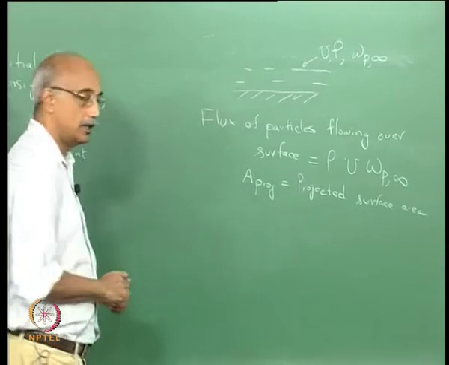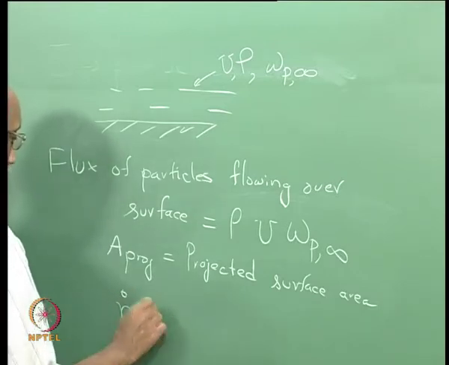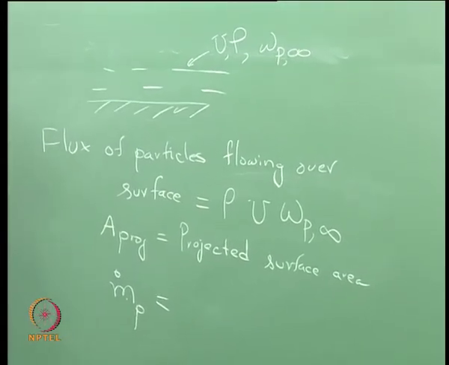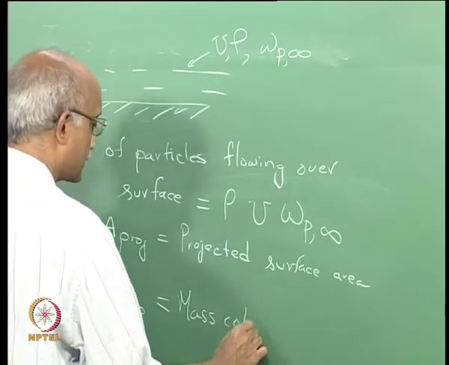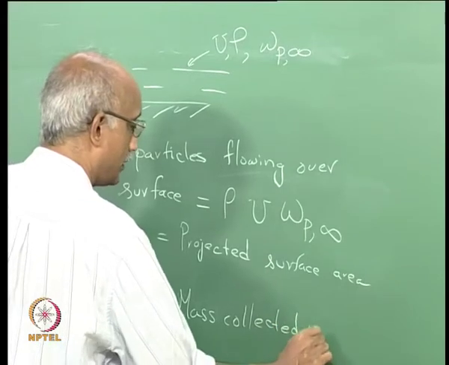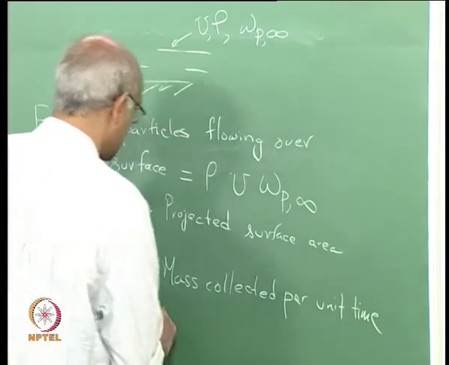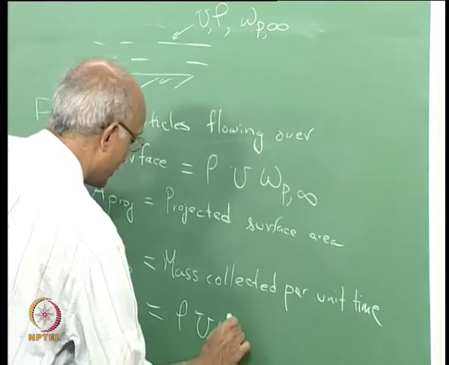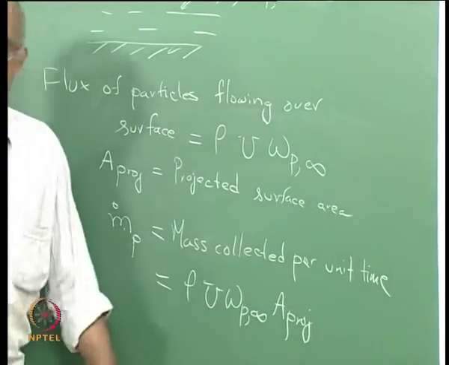Then the rate of collection of particles on the surface, which we can write as m_p dot, where m stands for mass, p stands for particles, and dot stands for unit time. So, this is mass of particles collected on the surface per unit time, will be simply equal to rho times u times omega p infinity times the projected area, right.